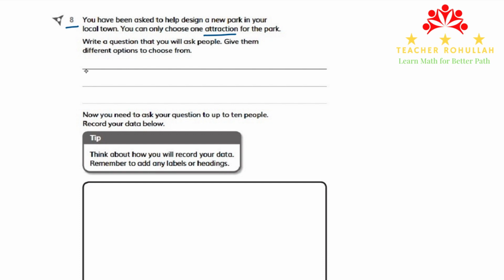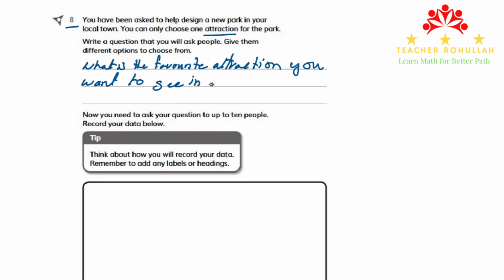So the question that I'm going to ask is, what is the favorite attraction you want to see in a park?